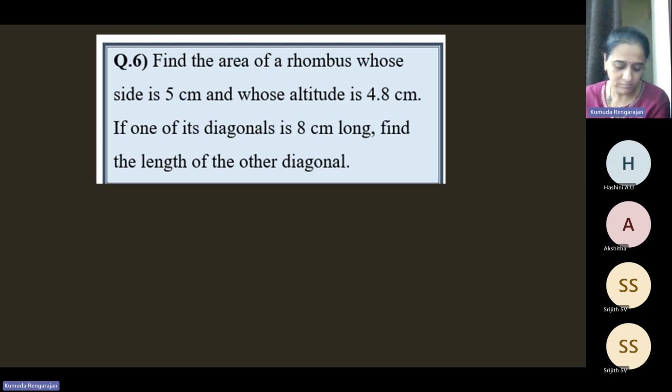Altitude and height. Into height, second form.